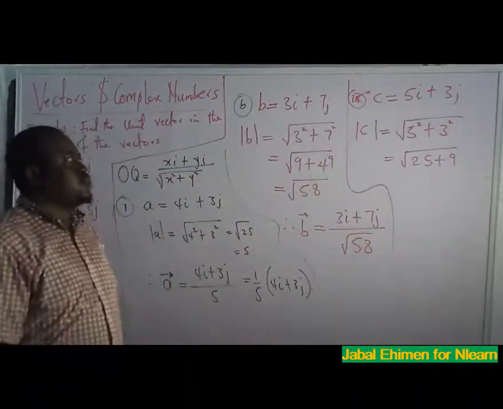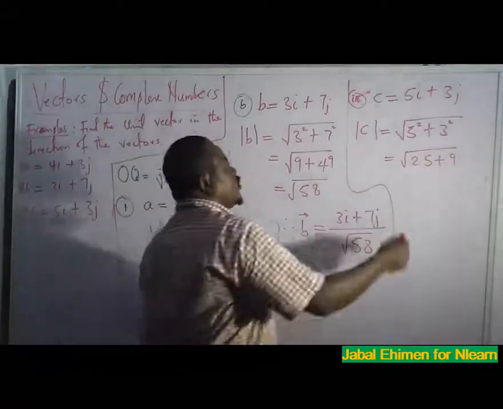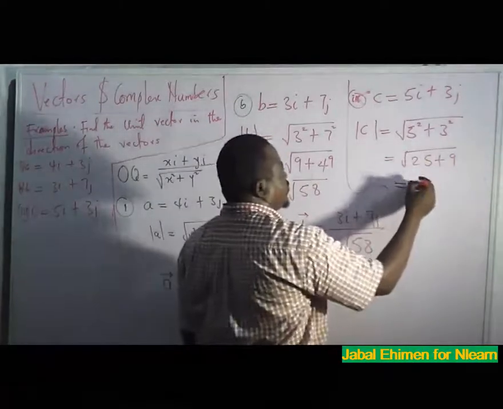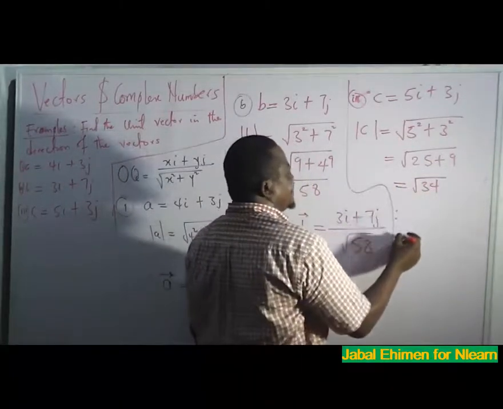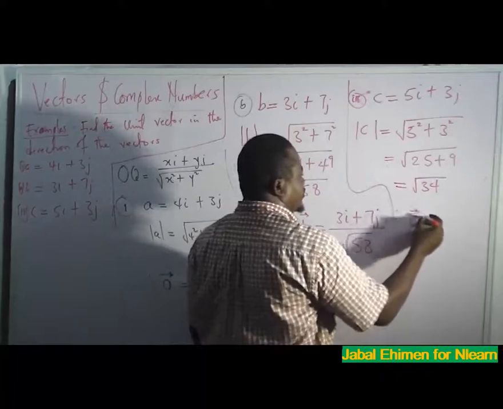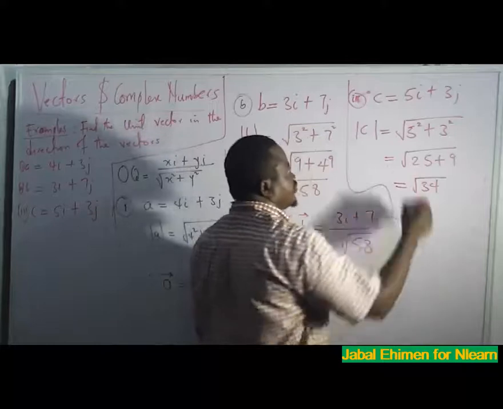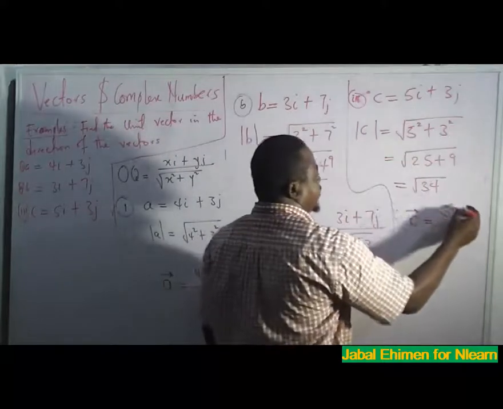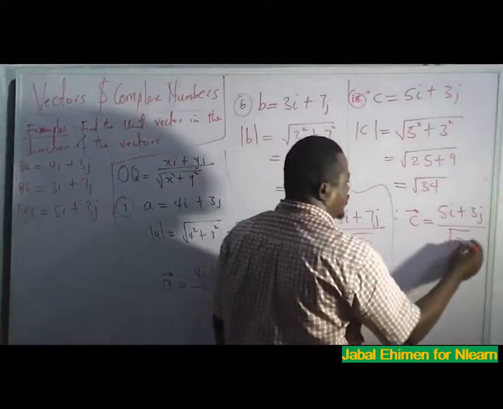Simple. So you take the modulus first. After taking the modulus, you end it by saying this will give us the square root of 34. So therefore, the direction of this, you can see the sign on top, will give us 5i plus 3j divided by root of 34.